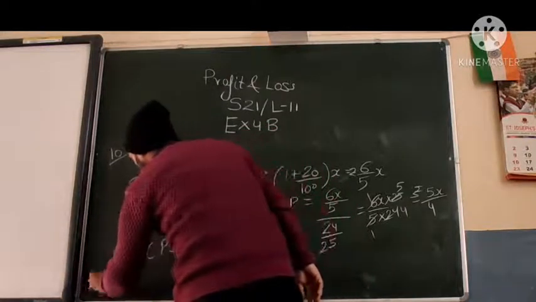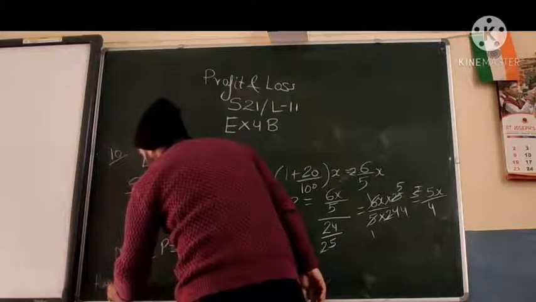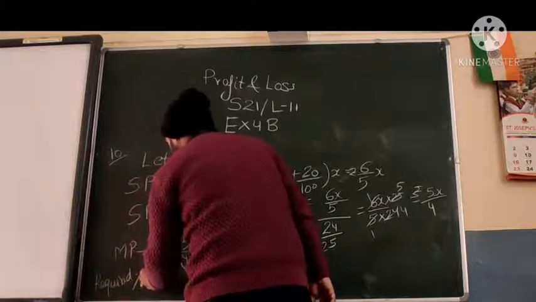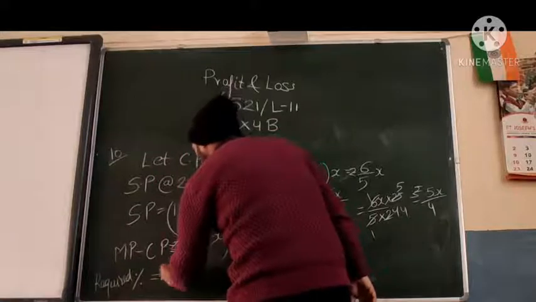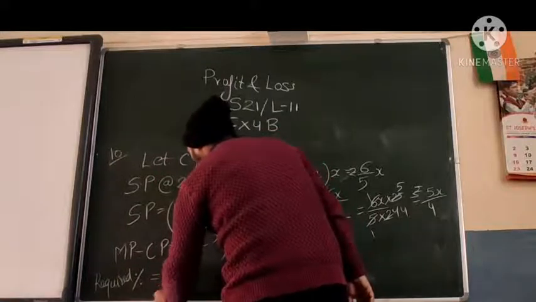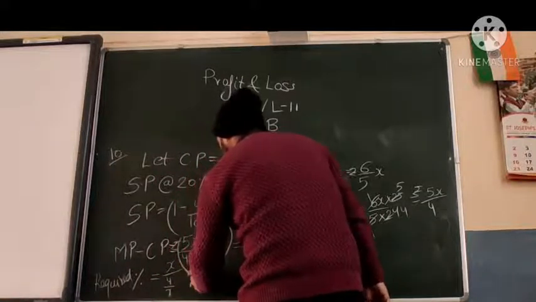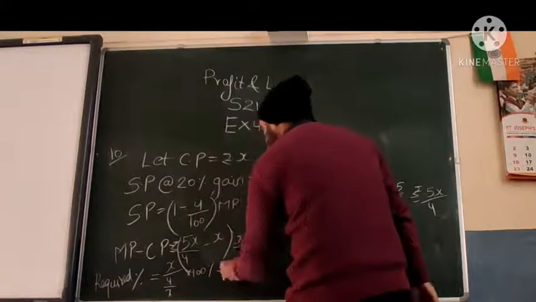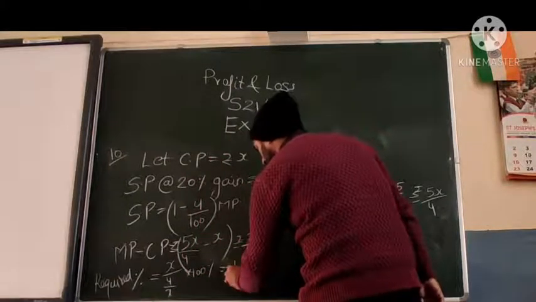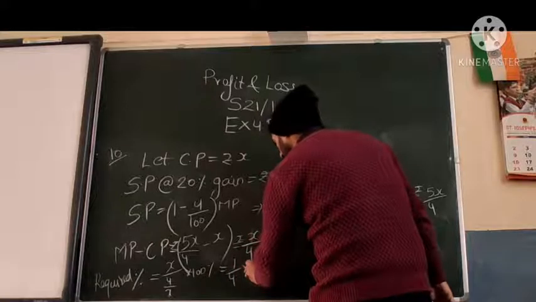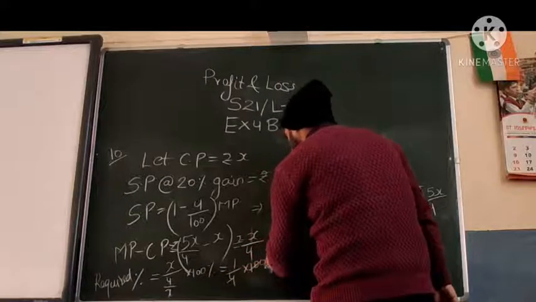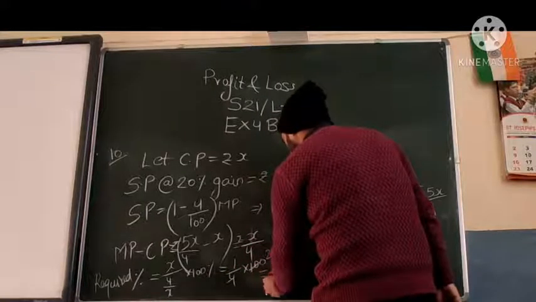We write here the required percentage equal to x by 4 by x into 100%. That means x cancels. So it will be 1 by 4 into 100%. That means 25% is the answer.